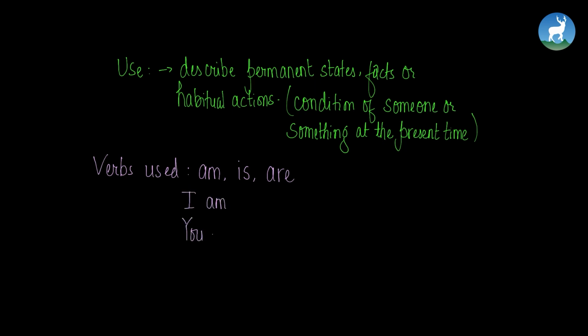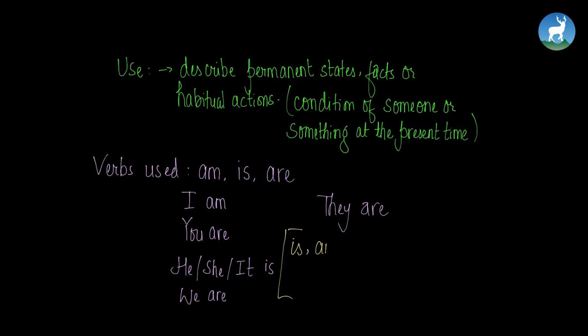I am, you are, right? He or she or it is. We are, one more, they are. Do we write it this way? Yes. So what did we notice here? We noticed that these forms are followed by a pronoun, and the pronouns are the subject. So is, am, are.